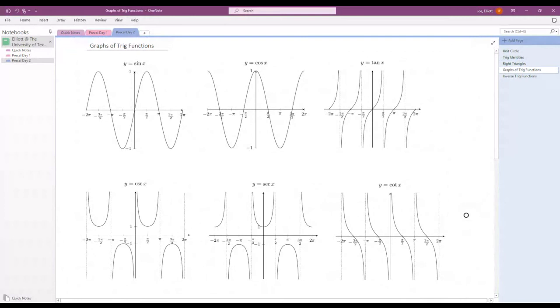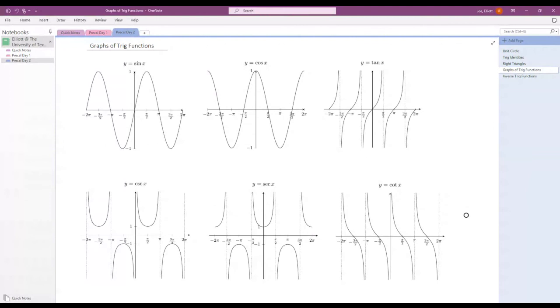Here I've included graphs of each of the six trig functions. Sometimes thinking about the graph of the function can help you in thinking about a problem.